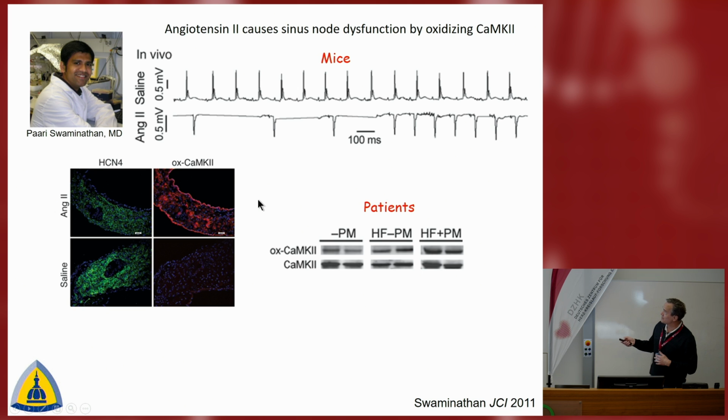So here's some data in pacemaker cells stained for the funny current that's carried through this HCN4 channel, which is enriched in the pacemaker region, and then a stain for oxidized CamKII after angiotensin II, which in other work we and others have shown activates CamKII mostly through an oxidative mechanism compared to saline, where we didn't see that.